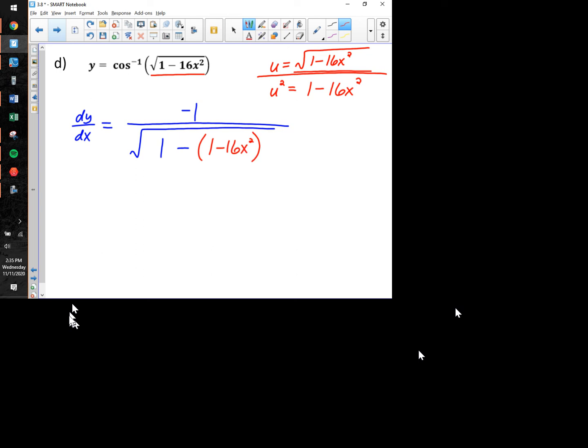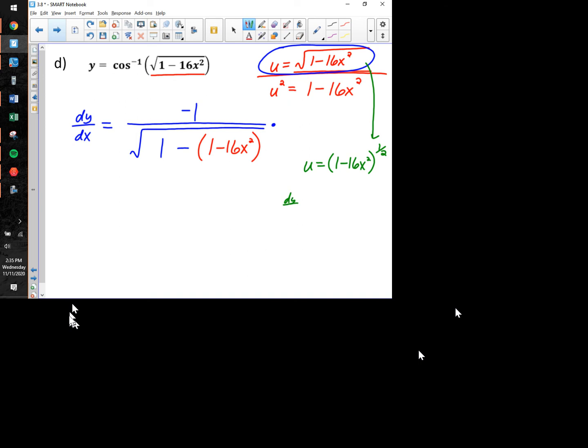So where are we? The derivative of inverse cosine of a ratio is negative 1 over the square root of 1 minus u squared, but wait, there's more, times the derivative of u taken with respect to x. So if I need to take the derivative of that u, it's probably a good idea to think about u as 1 minus 16x squared, and instead of a square root, let's write it as a 1/2 power.